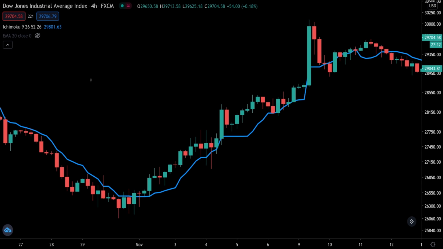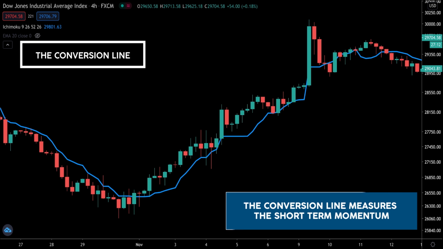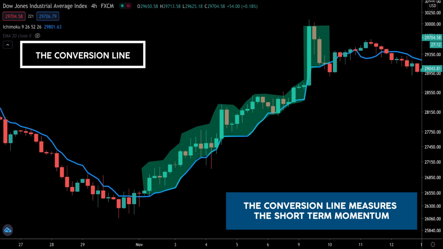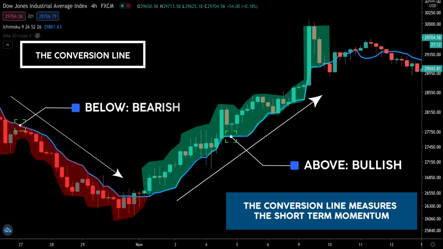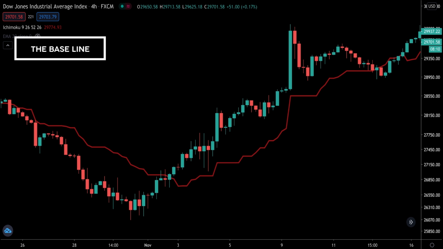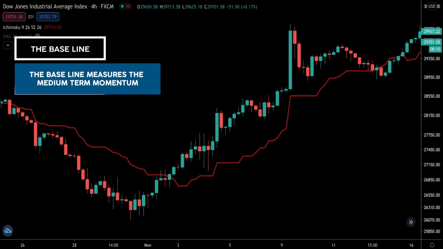The first thing you want to understand is the conversion line, which measures the short-term momentum. If the price is trading above the line, then you can conclude that the short-term trend is bullish. Conversely, if the price is trading below the line, you can conclude that the short-term trend is bearish. Now let's talk about the baseline, which represents the medium term.